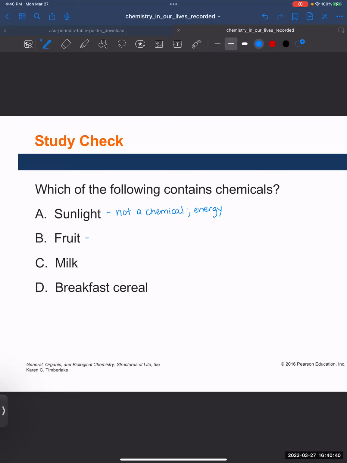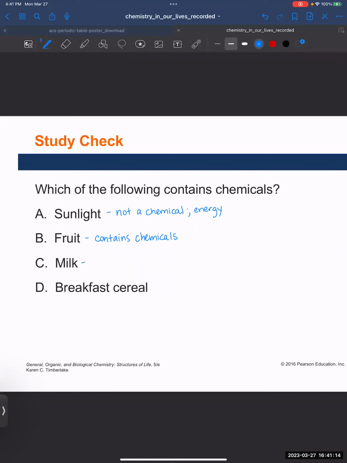Fruit, we already kind of discussed that one in the previous slide, is a chemical, or it contains chemicals. Just what it's made of in general, like you have sugars in there, so carbohydrates, you have some fiber in there. There's so many different chemicals that make up fruit beyond what we covered on the previous slide of fertilizers or pesticides if they're used to grow your fruit.